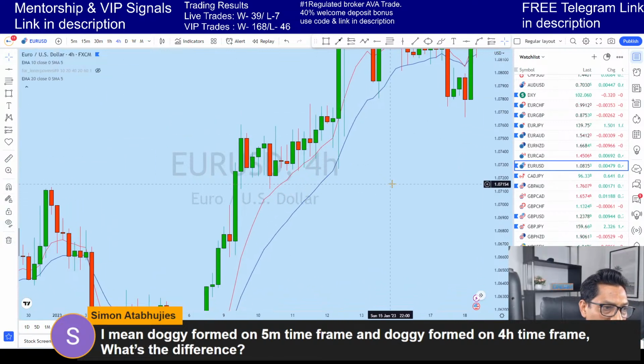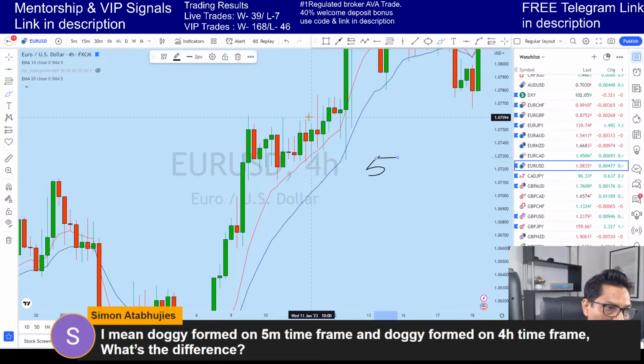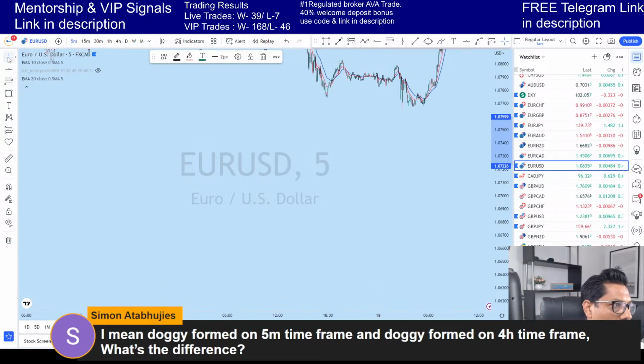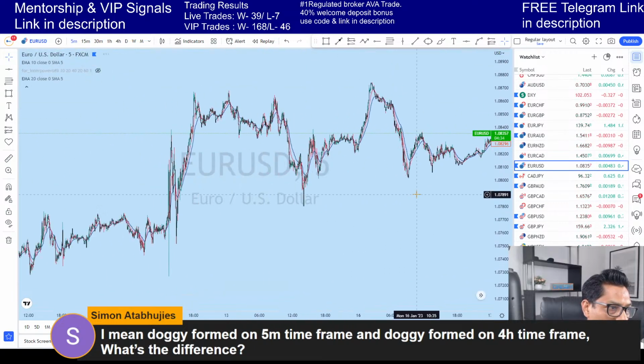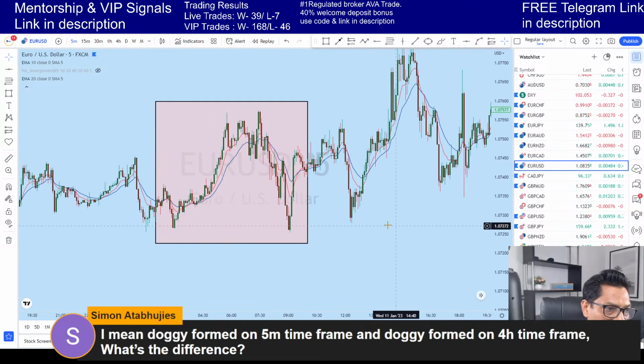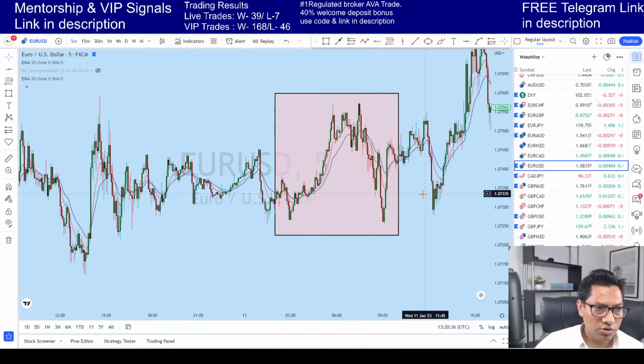But if you look at this 5-minute doji, let's say you break that down and go to the 5 minutes and see what happened here. This 4-hour doji that we have seen has so many 5-minute candles inside it.